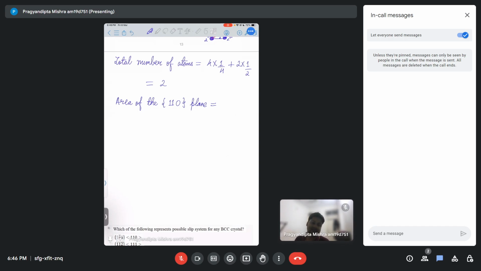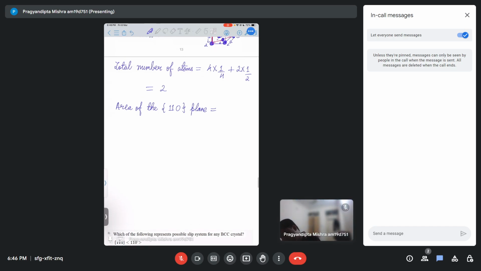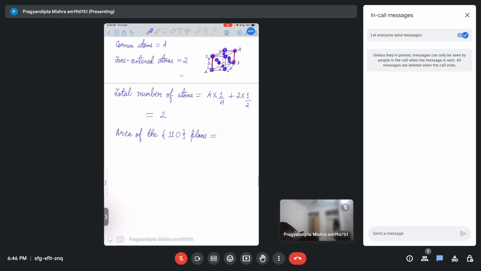So rectangle is width into height, right? Width is root 2 times A while height is A. So this is equal to root 2 A square.